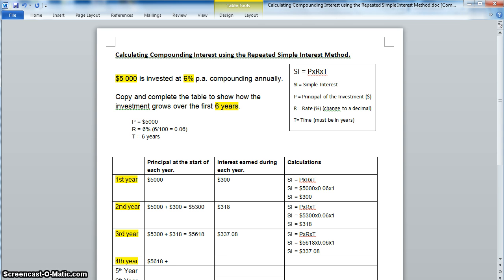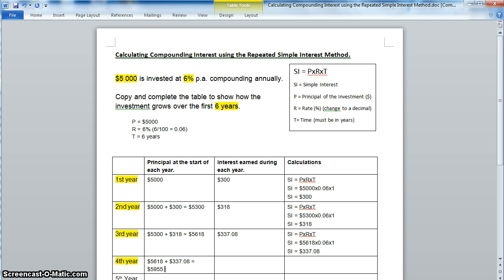So 5,618 plus 337 and 8 cents. And that comes to $5,955.08.